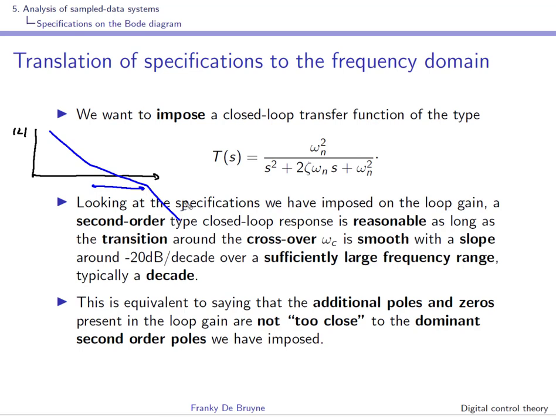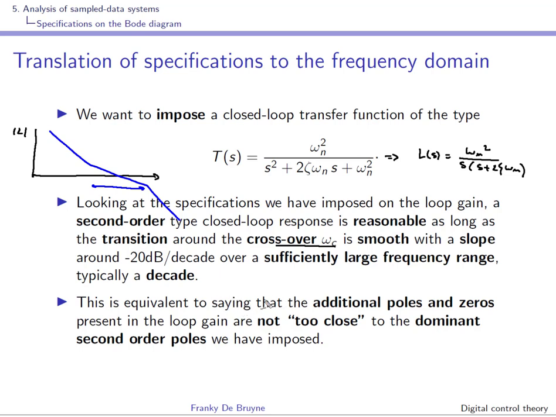Imposing an L of s equal to omega n squared over s times (s plus 2 zeta omega n), a consequence of the closed loop transfer function we have imposed, is reasonable as long as the region around the crossover frequency is smooth with a slope around 20 dB per decade, and that this transition occurs over a sufficiently large frequency range, typically a decade or more than a decade.